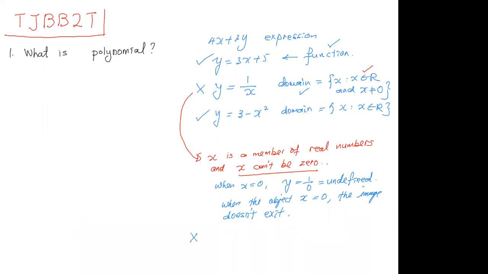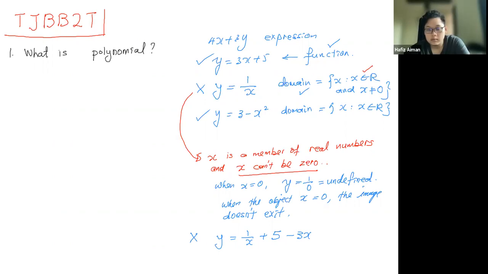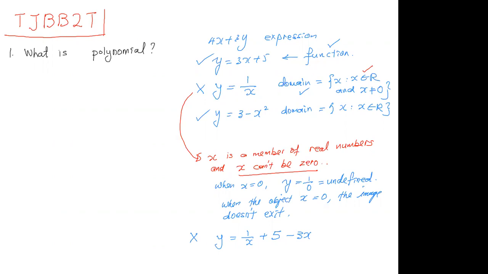I can give you y equal to 1 over x plus 5 minus 3x. This is not a polynomial either. Because my first example is not a good example. That misled you, that you think that a polynomial doesn't involve subtraction or addition.